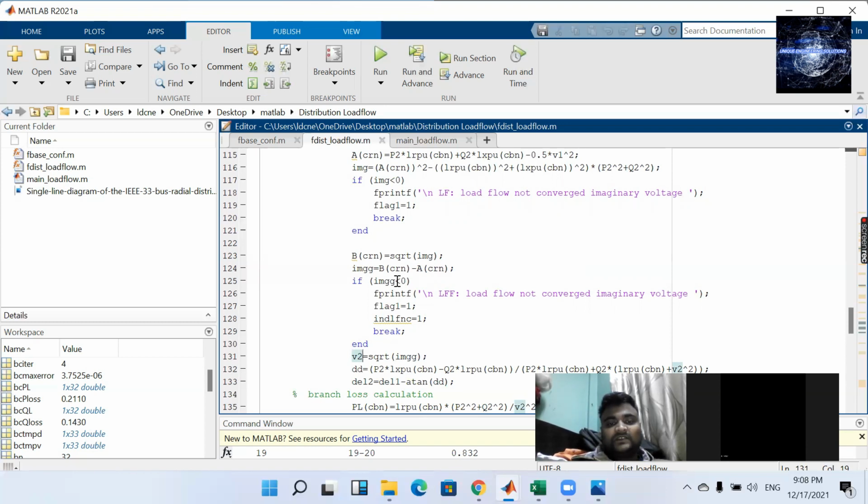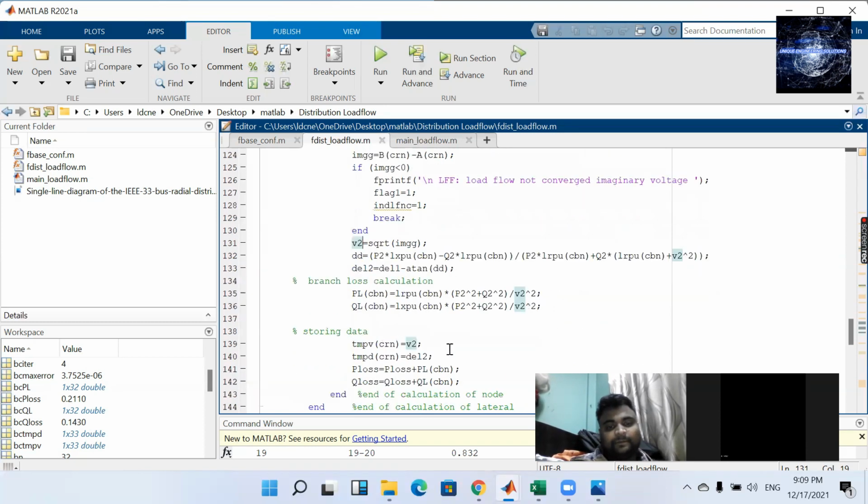If IMGG is not less than 0, then only it guarantees that the voltage magnitude is greater than 0, that is, it is positive. Magnitude cannot be imaginary, that is, a square root of a negative is imaginary, so IMGG must be positive or 0, greater than or equal to 0.